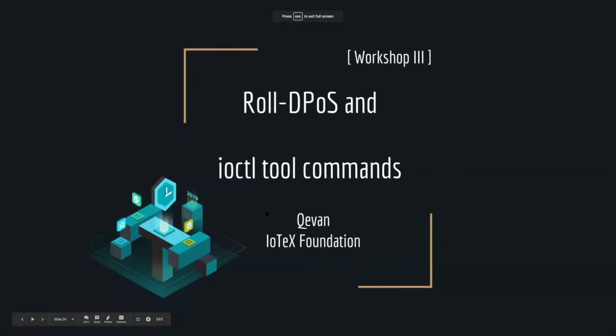Okay, cool. This is the third workshop from us today. I'm going to talk about Roll-DPoS and ioctl tool commands. The reason we want to bring up Roll-DPoS again and again is that it is such a core part of the blockchain.